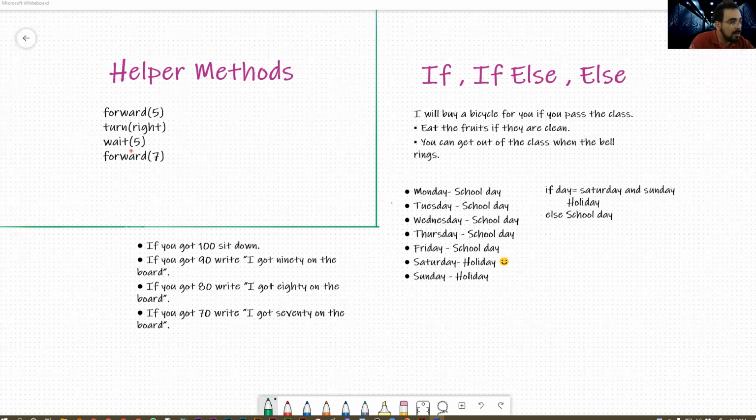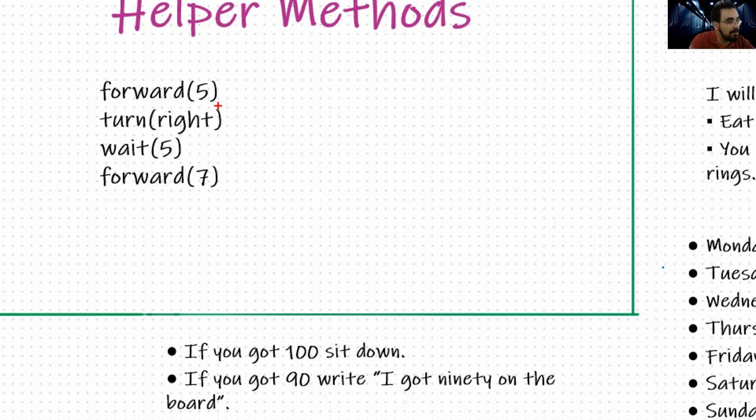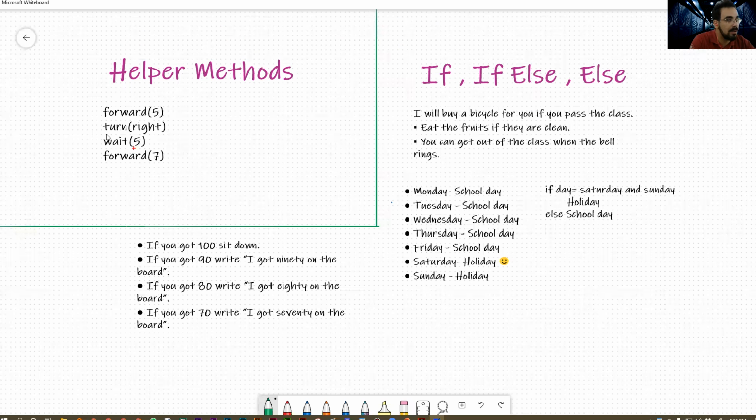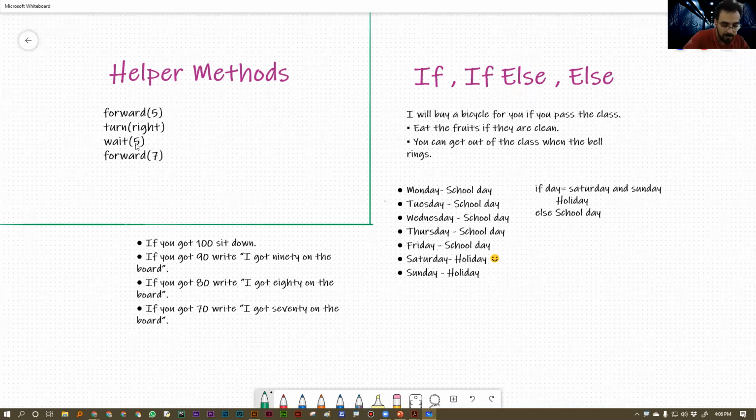When we say wait, it is the same as the forward we did before in the game. We will put the wait command there. When we say 5 here, for example, what we need to know is, let me get the red pen here.